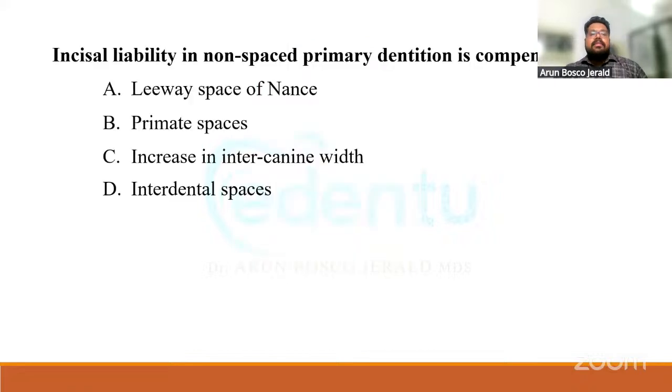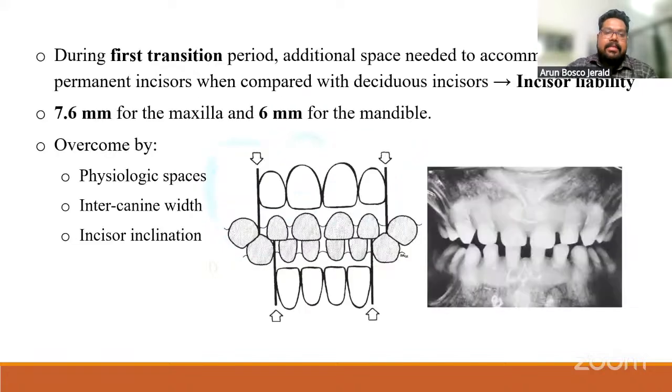Now just see this question. Incisal liability in non-spaced primary dentition is compensated by: the options are leeway space of Nance, which is absolutely the wrong answer, then primate spaces, increase in intercanine width, and interdental spaces. So what is this incisal liability?